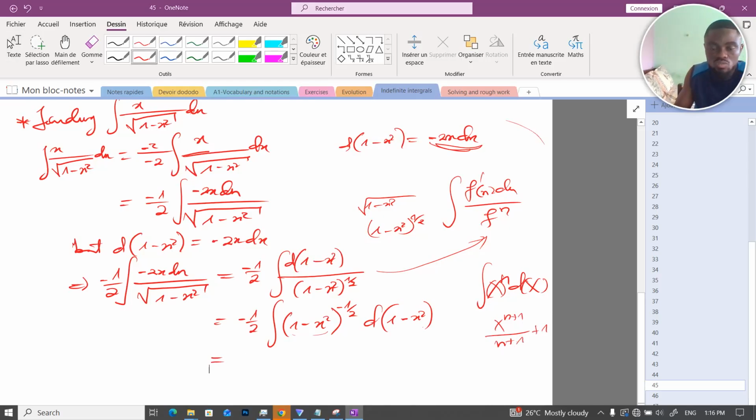So this will be equal to minus a half times, since this is the same as this, we integrate it in this form. I hope you remember your lectures. So this will be equal to 1 minus x squared raised to the minus a half plus 1 all over minus a half plus 1 plus a constant of integration c1.